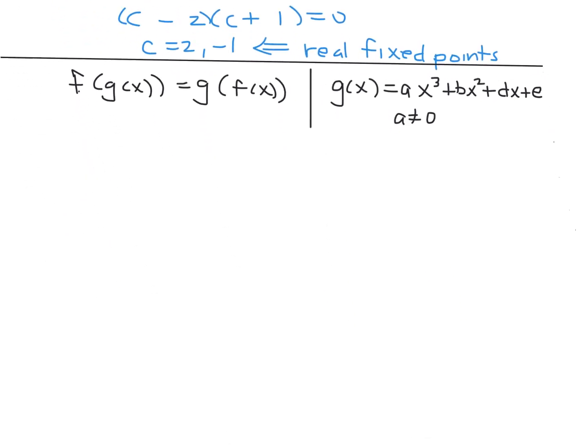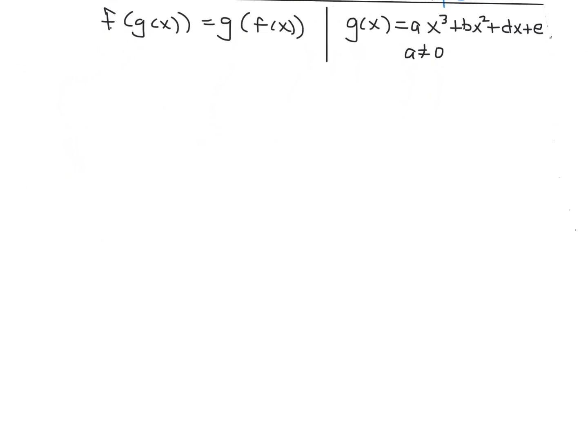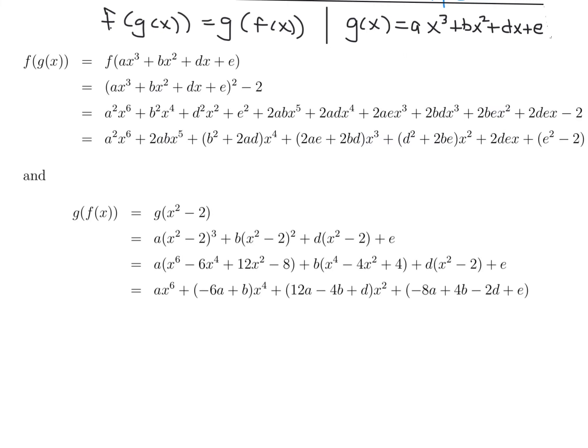Okay, we have to now proceed with this. So f at g at x is this, so you put it in there. If you recall, f at x was equal to x squared minus 2. Whatever's inside, you put it in x squared minus 2.